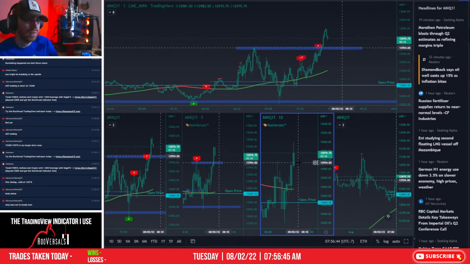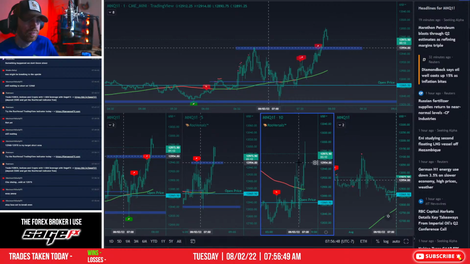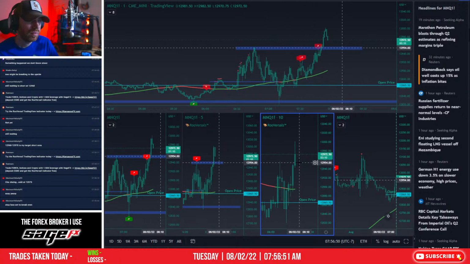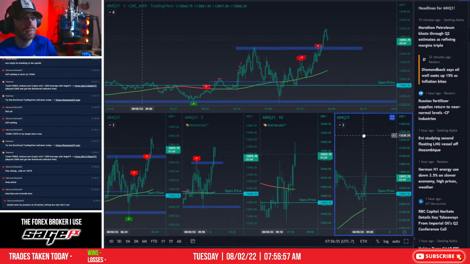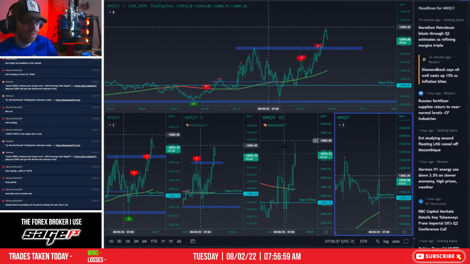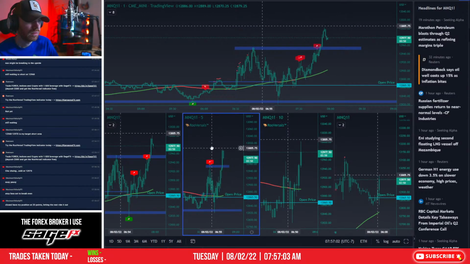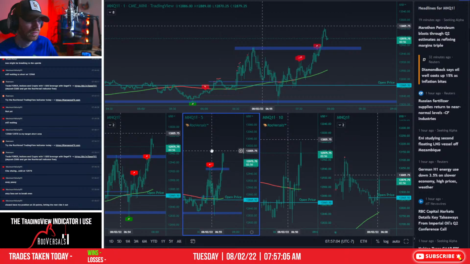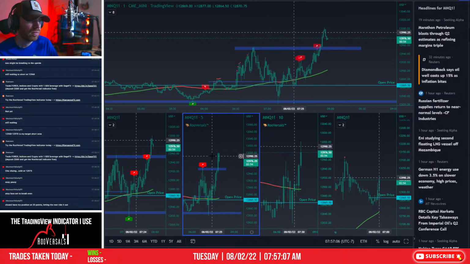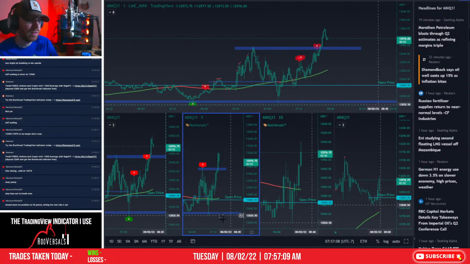If this 10-minute closes down here, it's going to be a heavy drop. See where this candle closes in 3 minutes. Yeah, write that down to the open price at least.